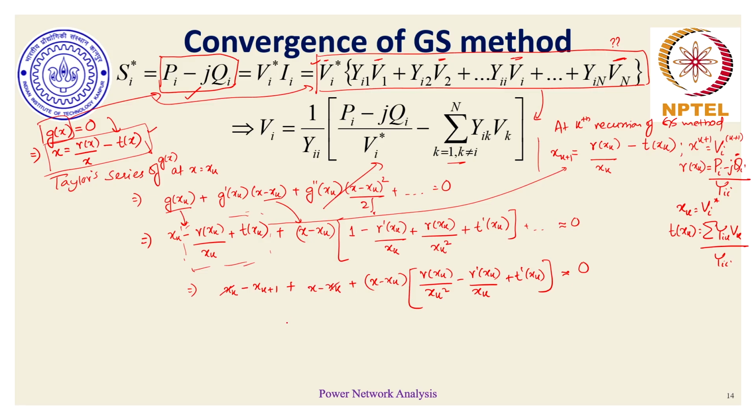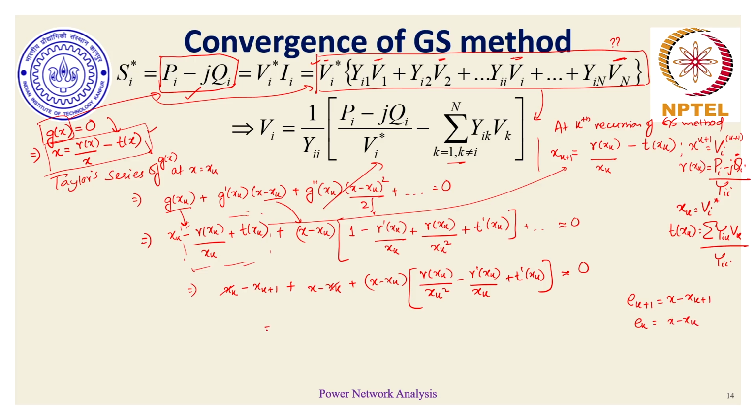So I have essentially the term like, and if I define the error at the k plus 1 recursion to be x minus xk plus 1, then the error at the kth recursion is x minus xk.